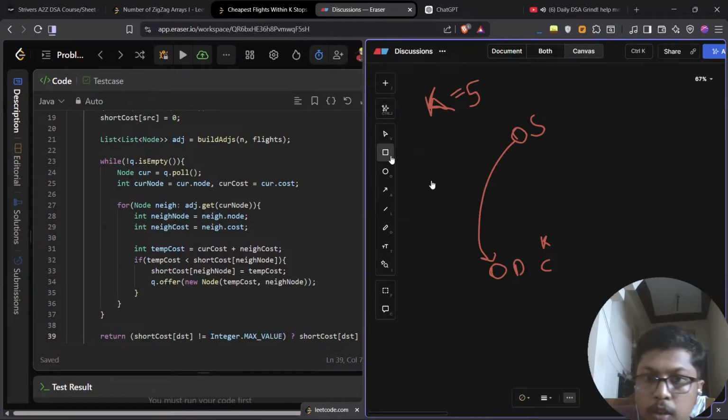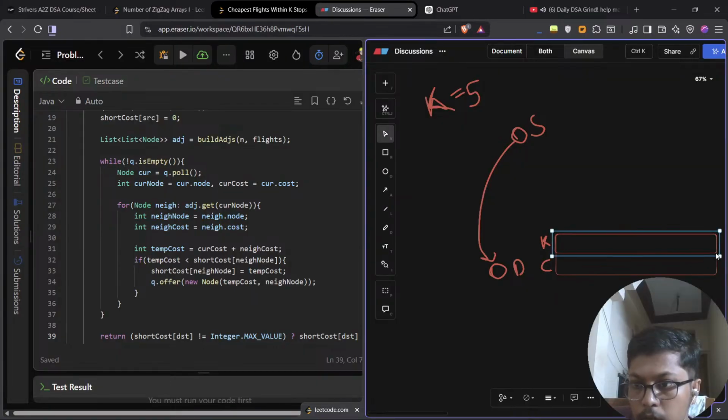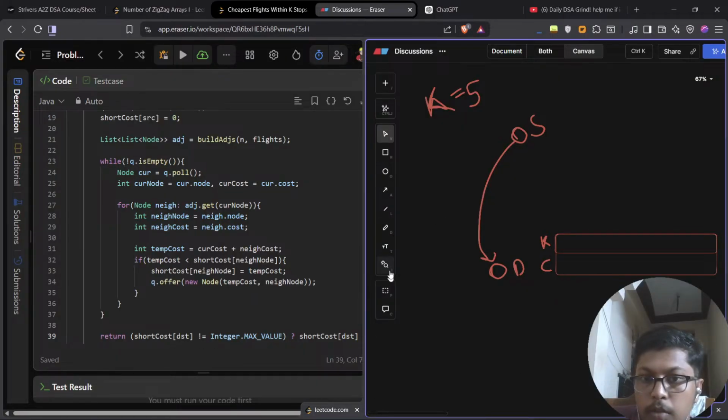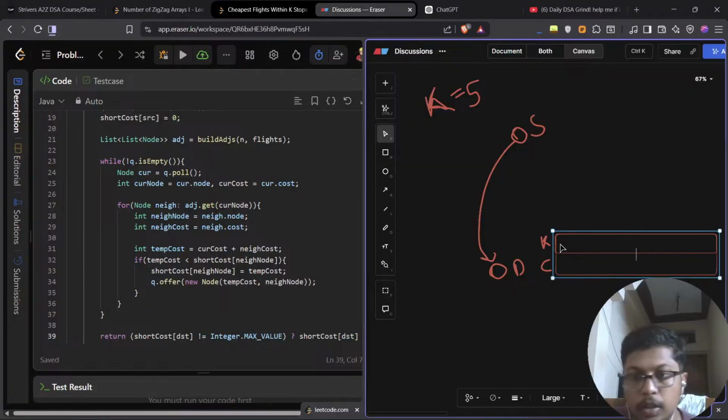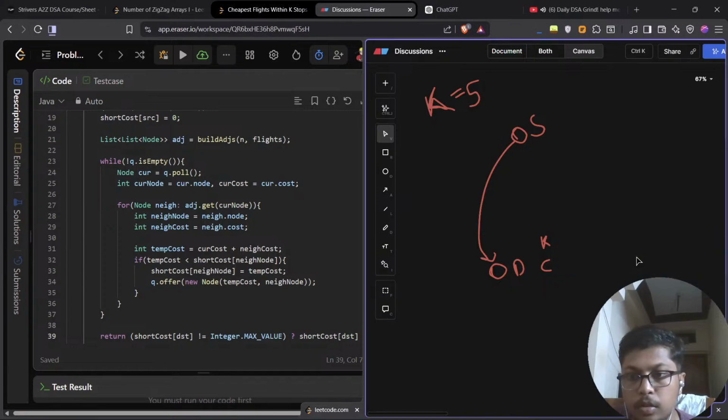Now consider this. Let's say we are having initially k as 0. Then the cost is somewhere, let's say 23, right?